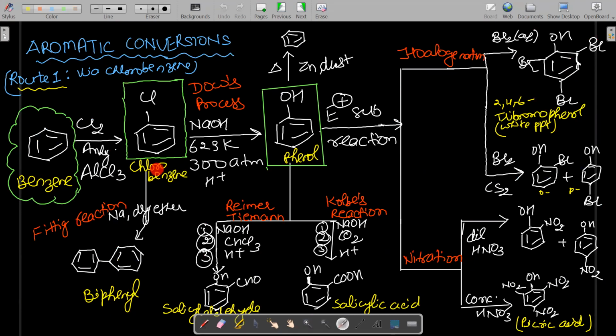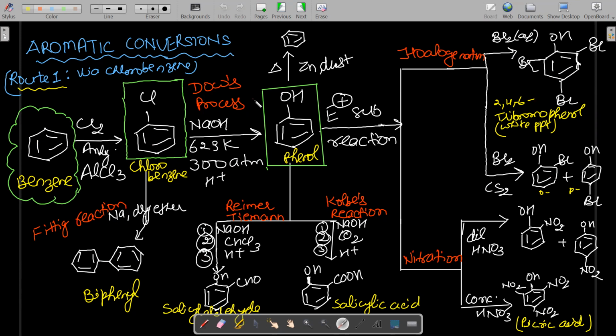You can see the formation of chlorobenzene. And this chlorobenzene further reacts with sodium hydroxide at 623 Kelvin, 300 atmospheric pressure, and acidification to form phenol. So the first step is benzene to chlorobenzene, then chlorobenzene to phenol.